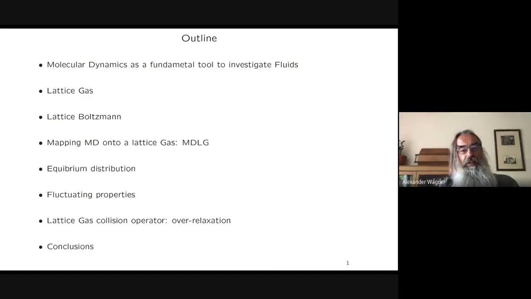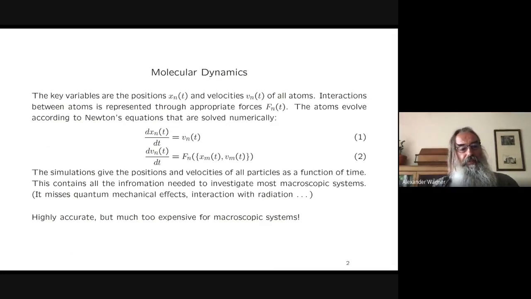But first, I'll just introduce MD. Everybody knows MD, so it's basically just solving Newton's equations for a large system of particles. Of course, in principle, that allows you to simulate any of the problems that we talked about, except that it's not very practical because it's just expensive to have that many particles. But on the other hand, it's highly accurate and it can inform what your model really ought to do.